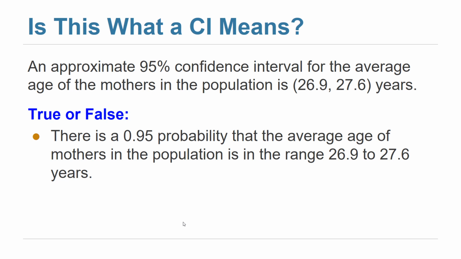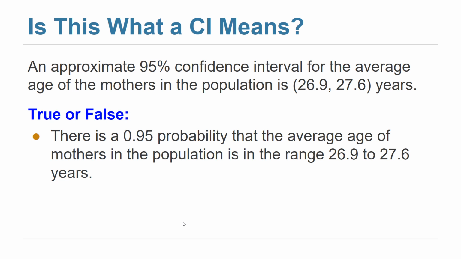So think about what we did when we computed the 95% confidence interval. Is it about the interval itself, or is it a chance of the true value of the parameter, which is the mean maternal age?